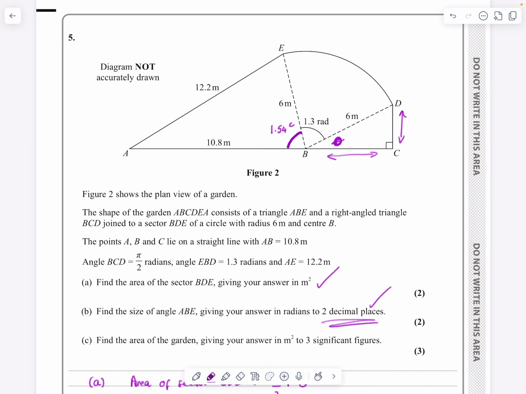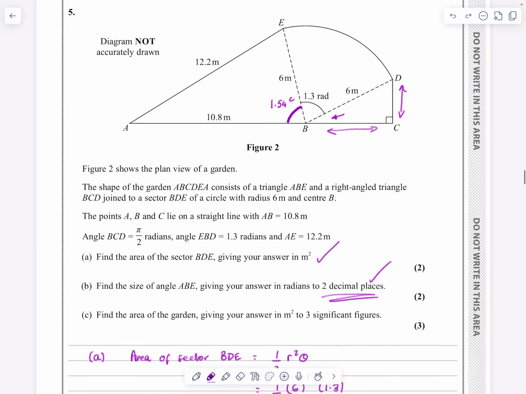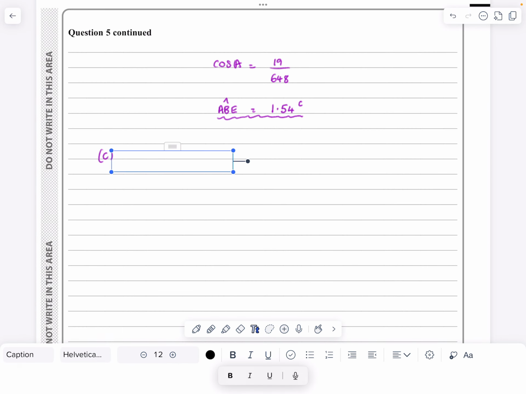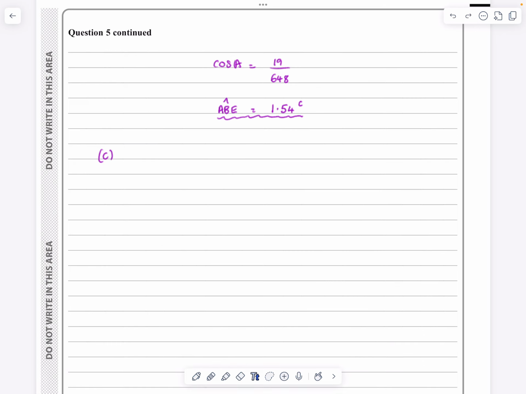Once I've got this angle, I can use cos and sine, as in right angle trig, to work out the adjacent and the opposite here. So let's tell the examiner what we're going to do. Take a little bit of time. There might be a quicker way, but I think this is the most sensible way for me to do it. So just explain to the examiner what I'm doing.